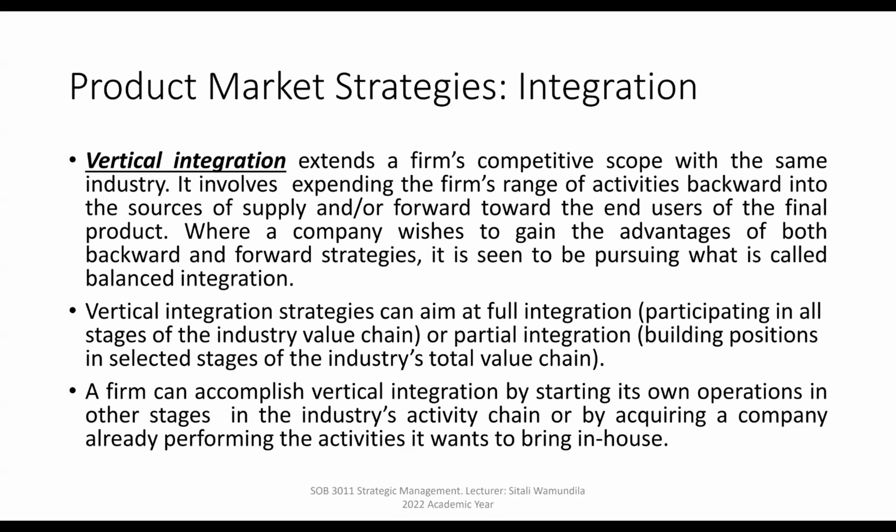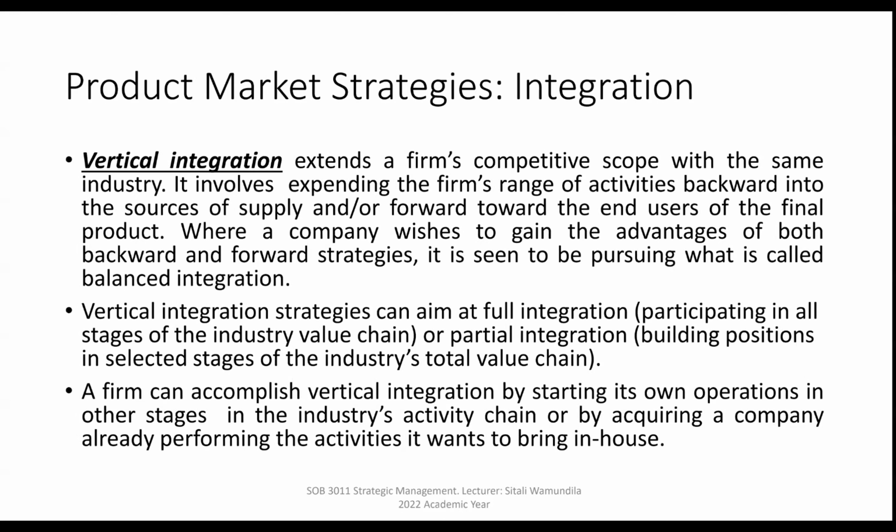A firm can accomplish vertical integration by starting its own operations in other industry activities in the chain, or by acquiring a company already performing the activities it wants to bring in-house.